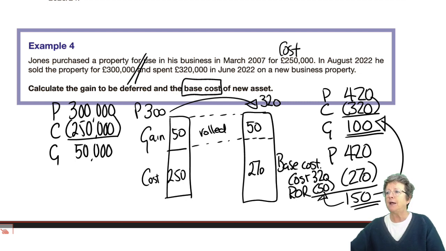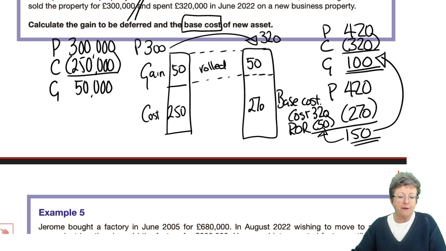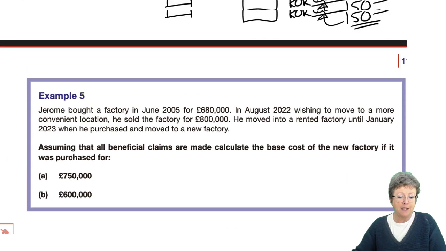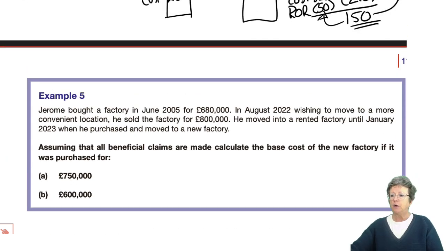Okay, let's have a look at an example where they do not reinvest all those proceeds. We are not going to reinvest all the proceeds. So what does the answer look like for this one? Jerome bought a factory in June 2005 for £680,000.